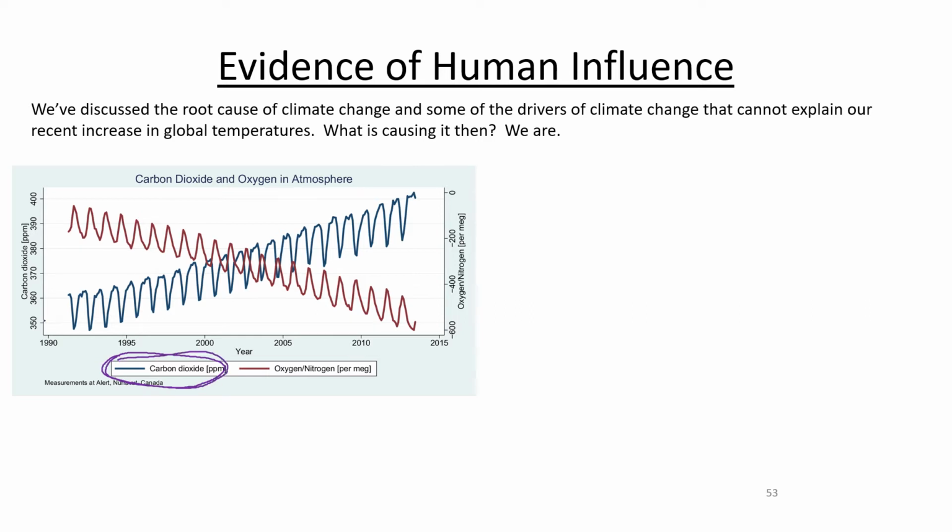In the data set we've got here, we're tracking from just after 1990 until about 2014, and you can see a steady increase, pretty smooth with seasonal oscillations, in the carbon dioxide content of the atmosphere. And at the same time, you see here in the red line the ratio of oxygen to nitrogen in the atmosphere trending down.